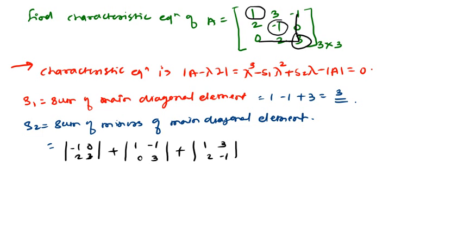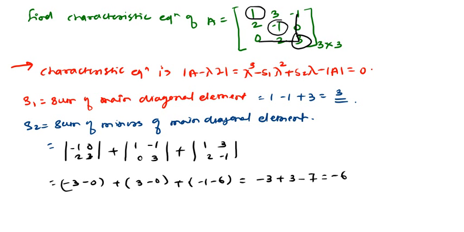Solving these determinants, this will be minus 3 minus 0, then plus 3 minus 0, then plus minus 1 minus 6, so this will be minus 3 plus 3 minus 7, which is minus 7. Okay, so we got this value for s2, which is equal to minus 7.